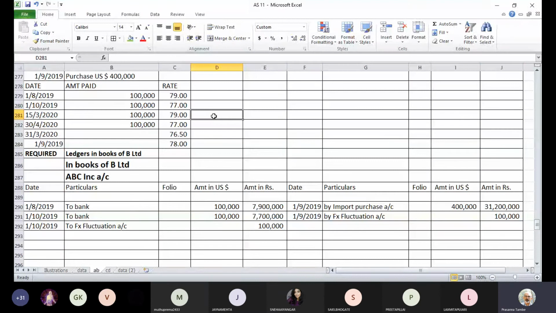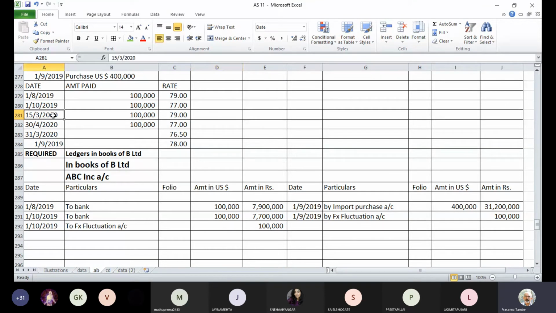Entry will be ABC Incorporated account debit, $1 lakh at 78. FX fluctuation account debit, the loss, $1 lakh at 1 rupee per dollar. To bank account, total outgo will be 79 lakhs.